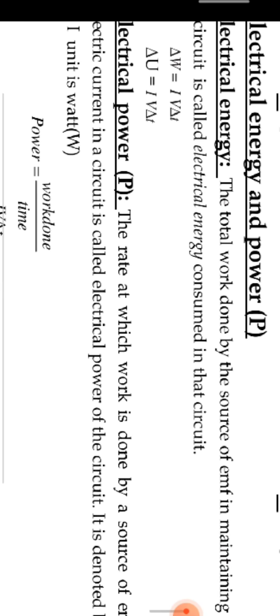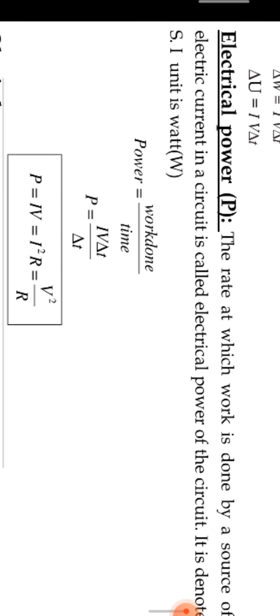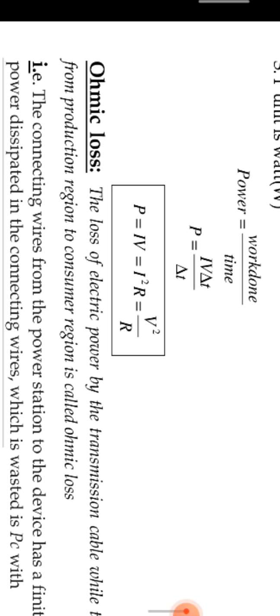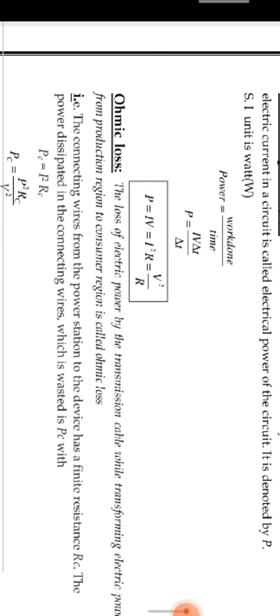Here work done is equal to I V delta T. Substituting and dividing by delta T, delta T cancels, so power equals I V, current into potential difference. Otherwise, I square R, since instead of V you can write I R from Ohm's law. Otherwise, V square by R also we can write.